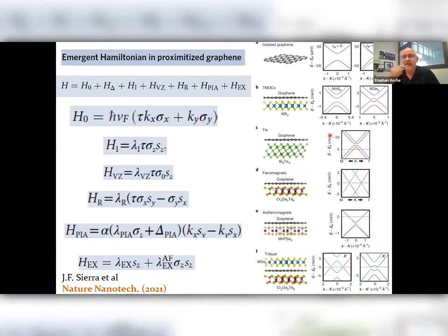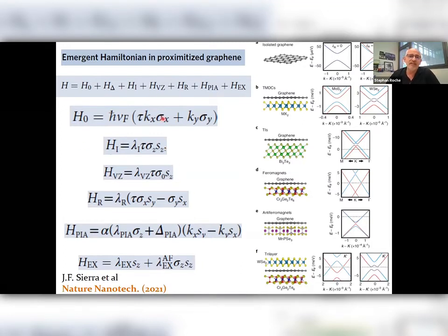We are very lucky in the sense that when you interface graphene with a lot of different materials, as we have reviewed now in the paper here, you can have a very realistic description of the impact of this proximity effect, not only on the band structure, but also on the spin texture of the states.